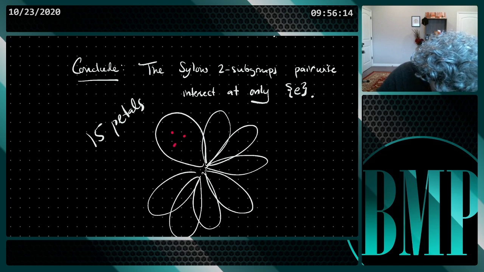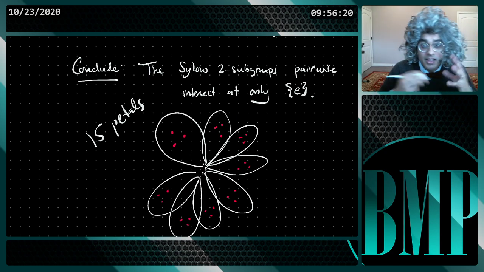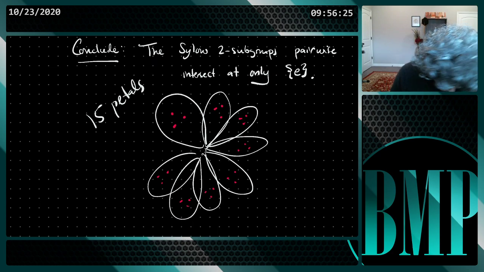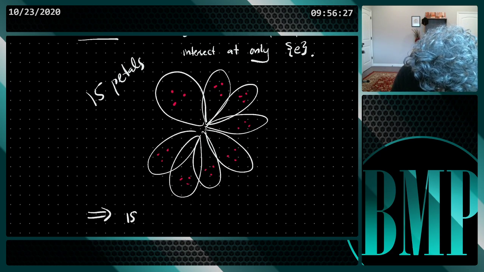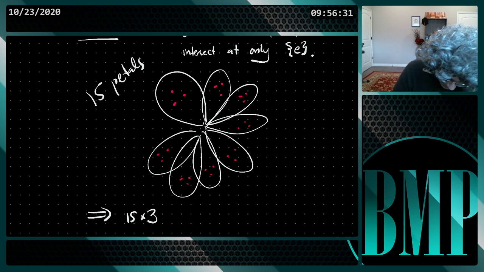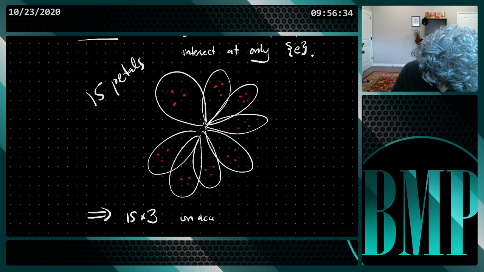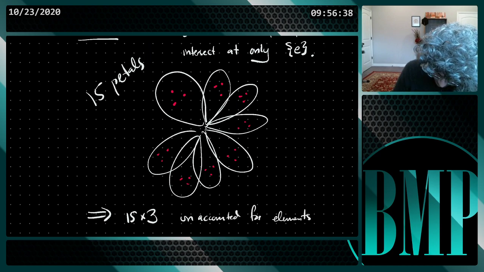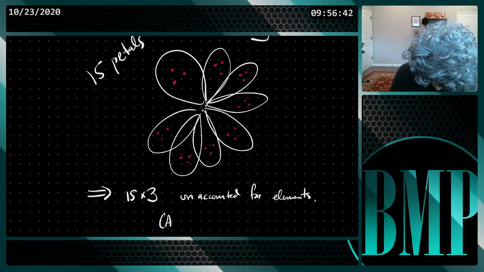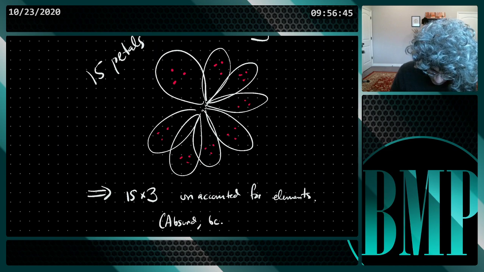Each petal has three non-identity elements. And so that means there are 15 times 3 elements to account for, which is absurd, because there's only 15.